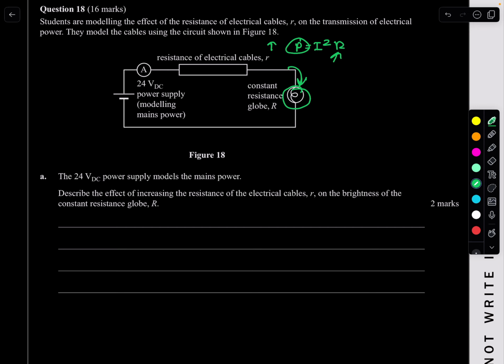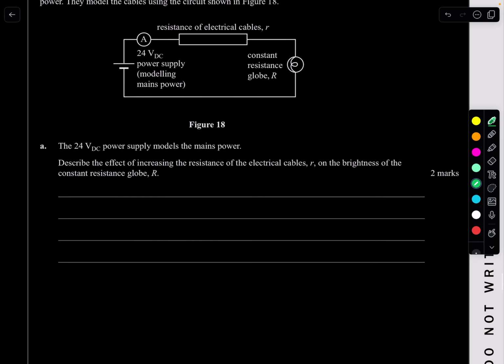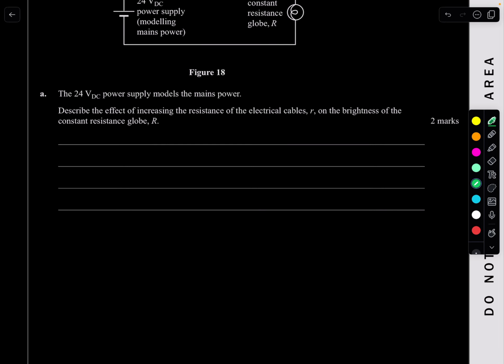Describe the effect of increasing the resistance on the brightness. The brightness is going to decrease, because you increase your power loss in those electrical cables, and only a small amount of power will be given to the globe. So I'm just going to say the brightness will decrease. That's the first mark. And you just need to explain why.